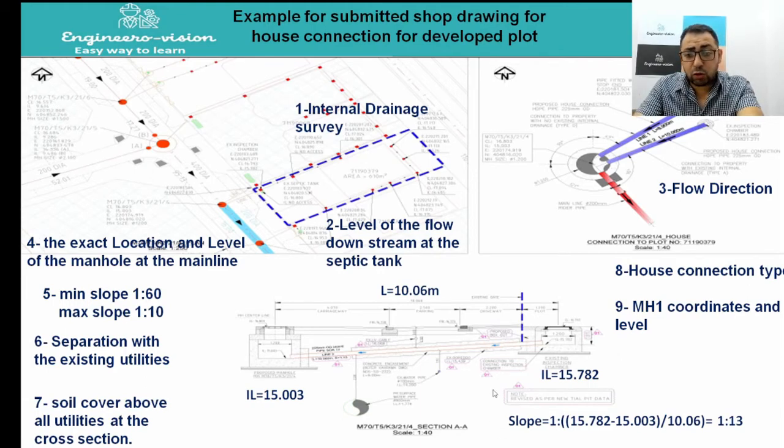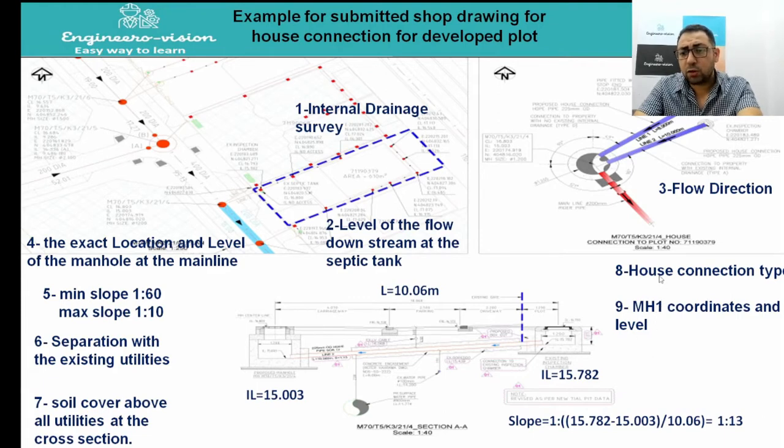And we need to check the soil cover above all the utilities at the cross section. We need 1.2 meter above the house connection in the carriageway, and inside the plot we need 0.6 meter. If the cover is less than 1.2 meter in the carriageway, we need to provide concrete protection.